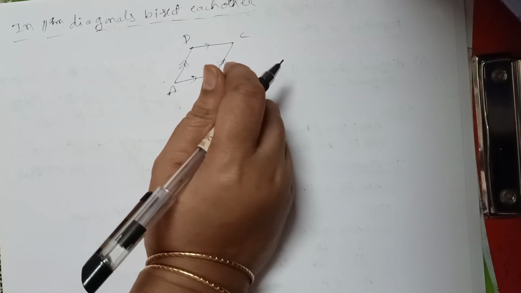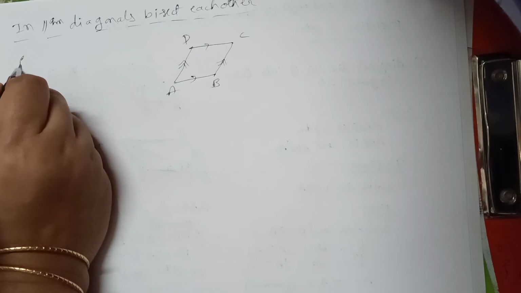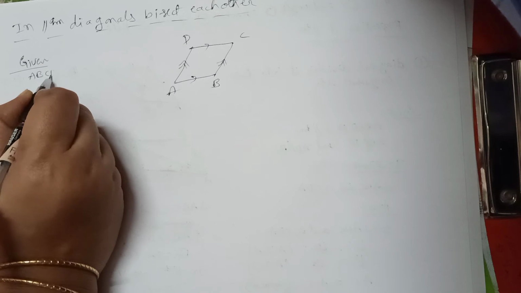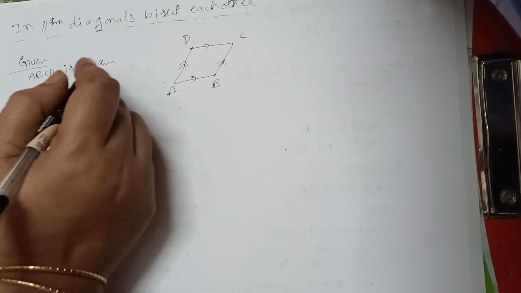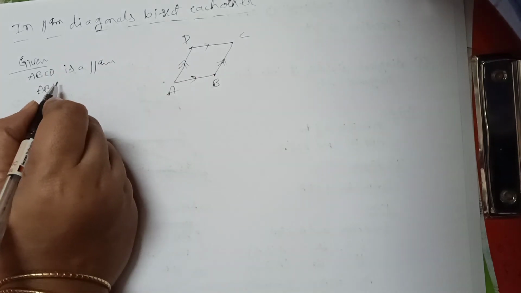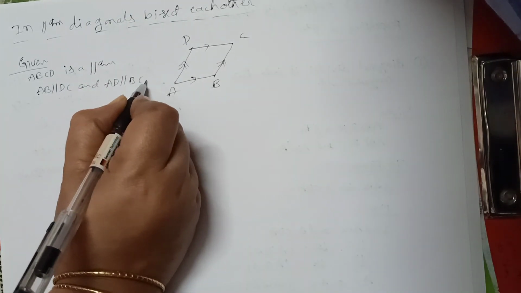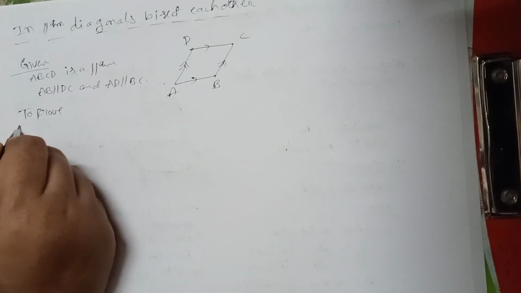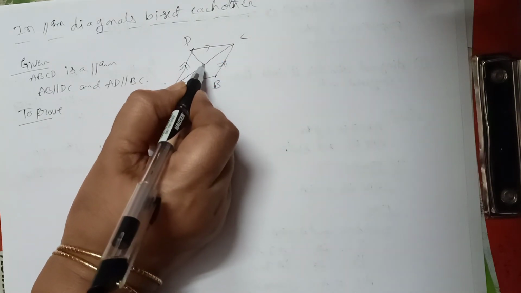So what is given? ABCD is a parallelogram, which means AB parallel to DC and AD parallel to BC. What is to prove? Diagonals bisect each other. What are the diagonals? AC and BD are the diagonals.